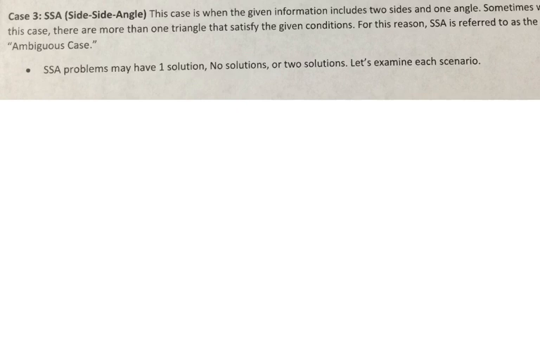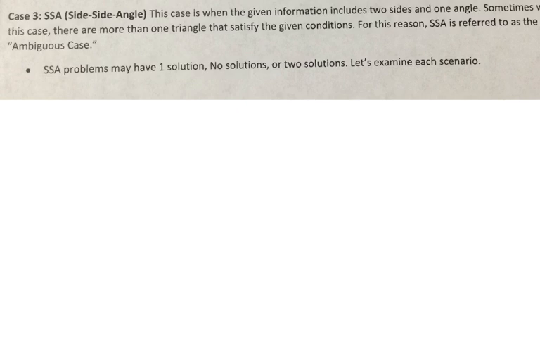So when this happens, when I know two sides and an angle that's not between the two sides, side-side-angle, then this is called the ambiguous case. You'll never hear me use that word again.